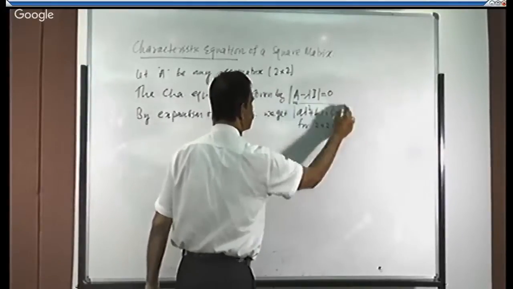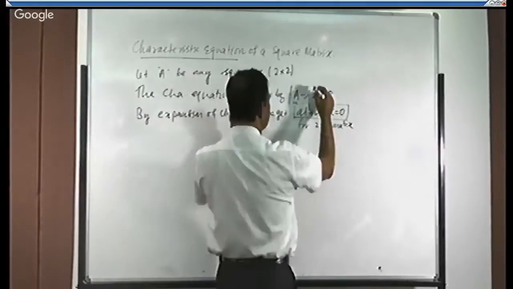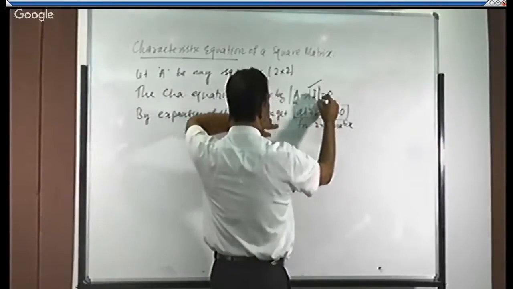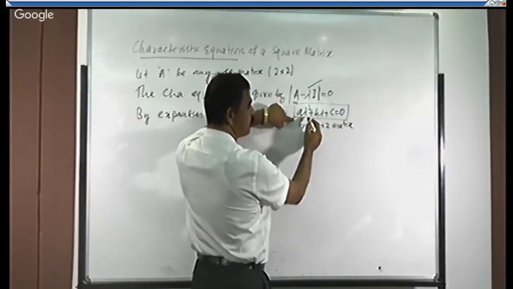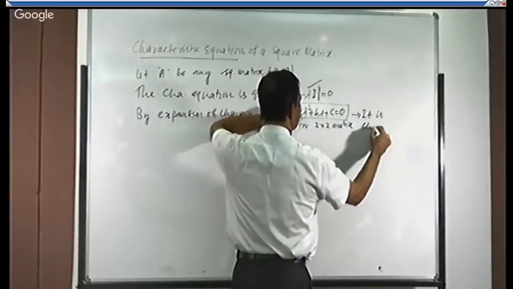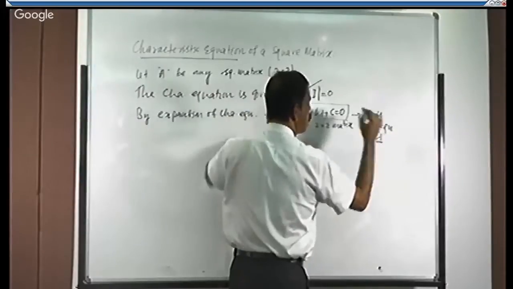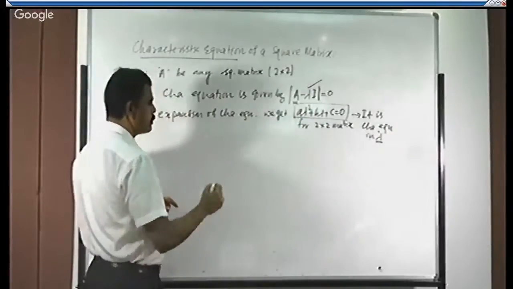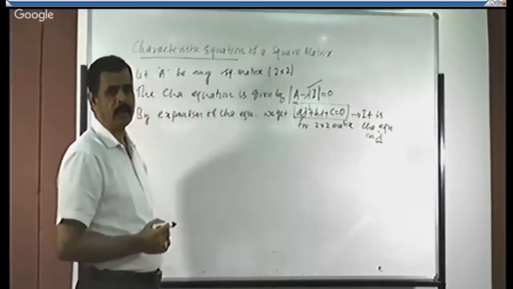This is called the characteristic equation in lambda. This is the formula for the characteristic equation. By expanding it, you will get this form. It is a quadratic equation in lambda.